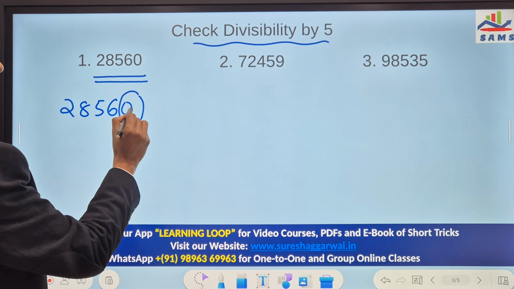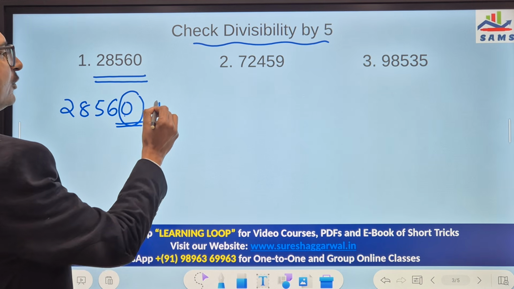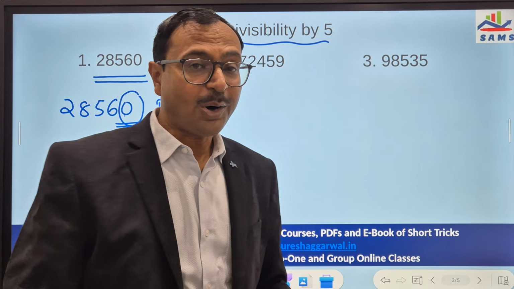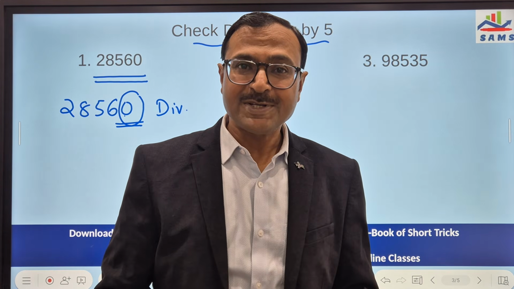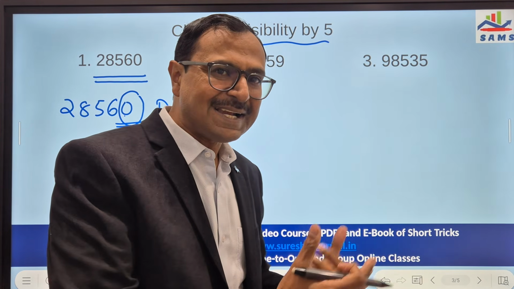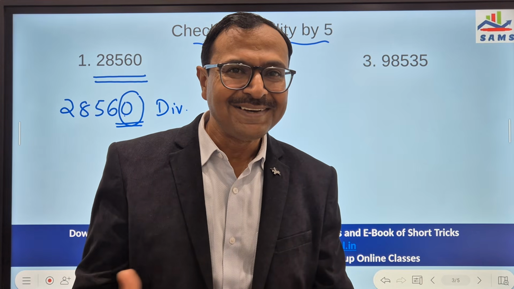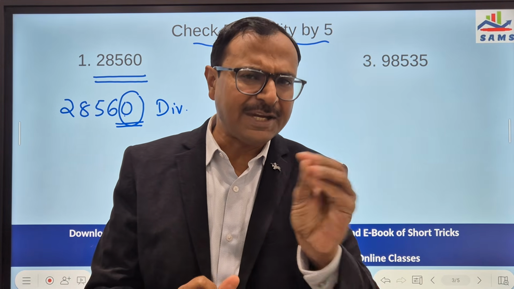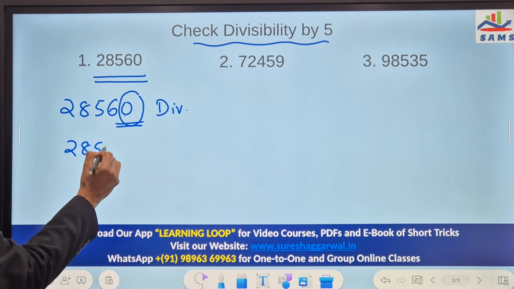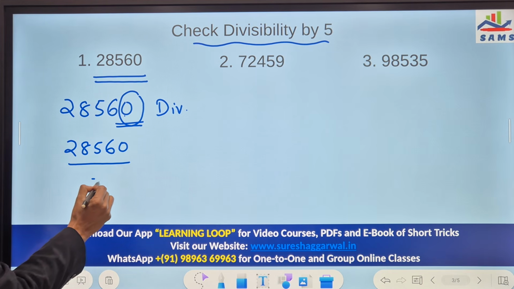Here I see that the last digit is 0 and therefore the entire number is divisible by 5. Now how do you divide numbers by 5? I hope you remember the trick which I posted very recently in the division tricks. If not, I'll just make it easy for you. So here 28560, I want to divide this number by 5.